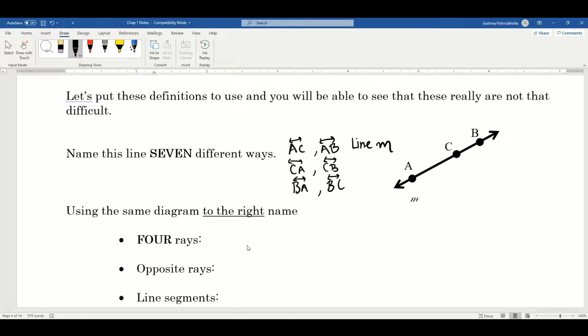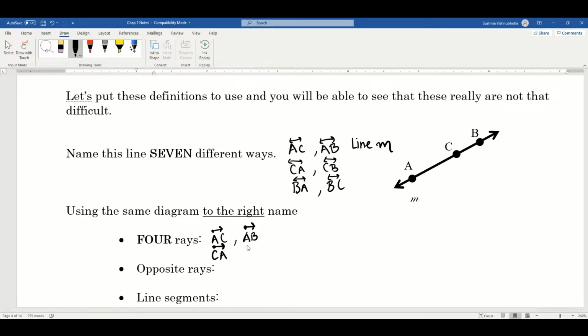So 4 rays in this diagram. For 1 ray, I can use A as the endpoint, and AC is the ray I could be talking about, or AB. Now, these 2 are the same ray because A to the endpoint C continuing forever is the same as A being the endpoint and using B, because it's in the same direction. So these 2 are actually different ways of naming the same ray. So if we want to name 4 different rays, you could do CA.